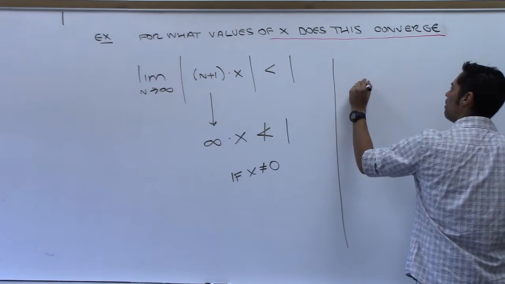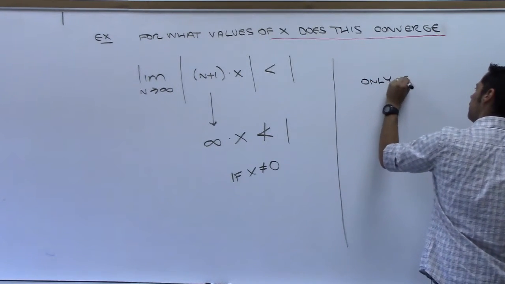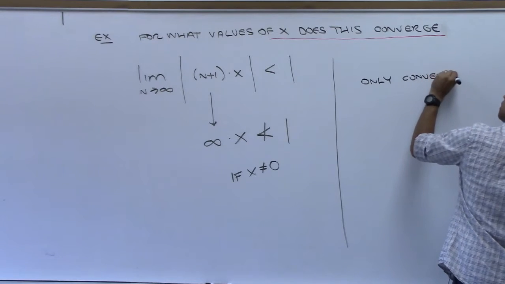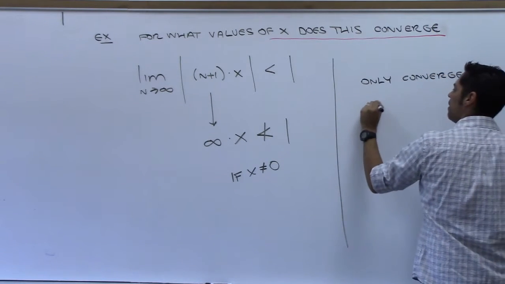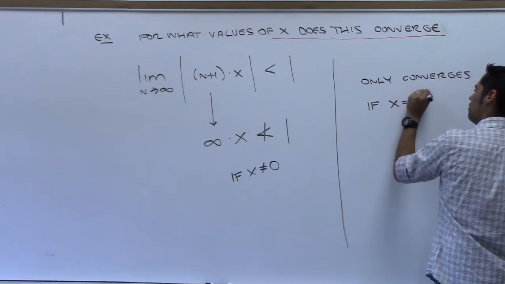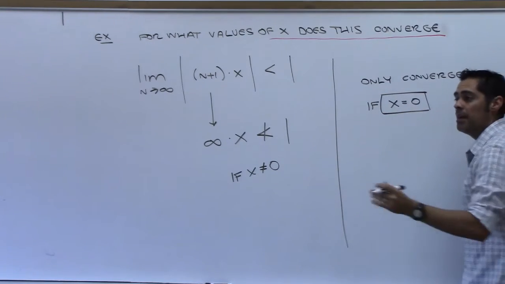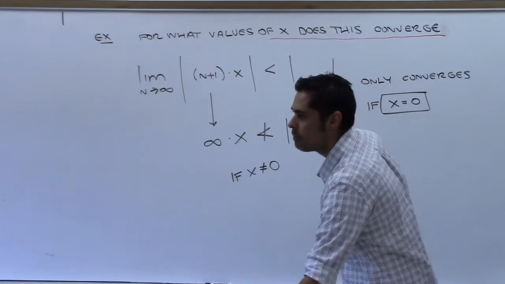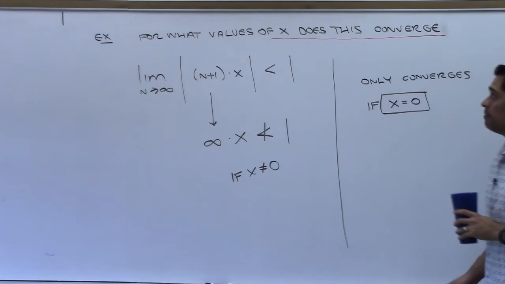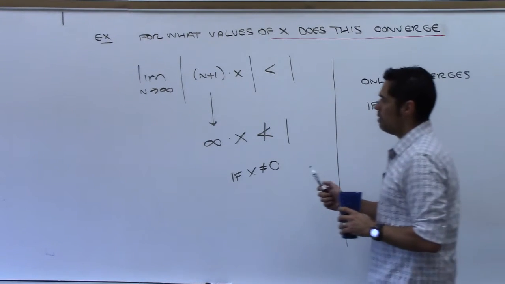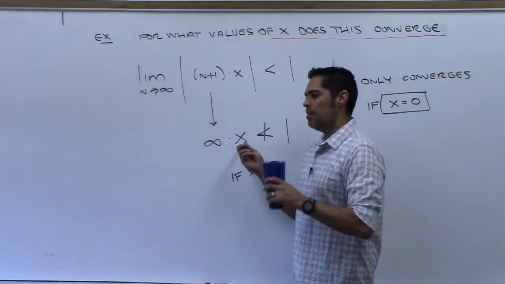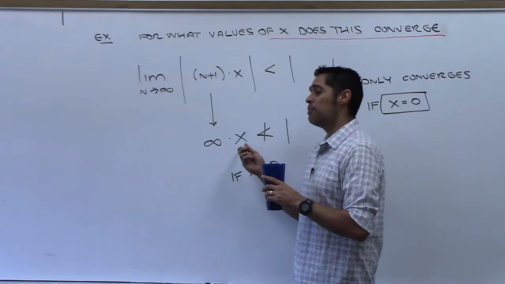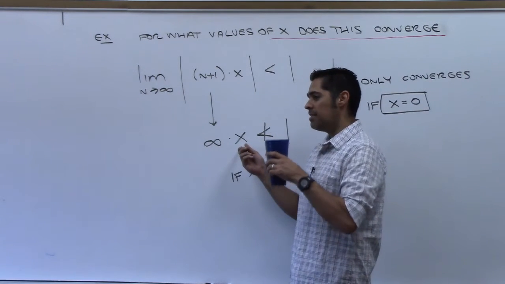So it only converges if x equals 0. Yes? If x was 0, wouldn't it be infinity times 0? Okay, the limit though. If x is 0, I'm not saying x is approaching 0. I'm saying x is 0.